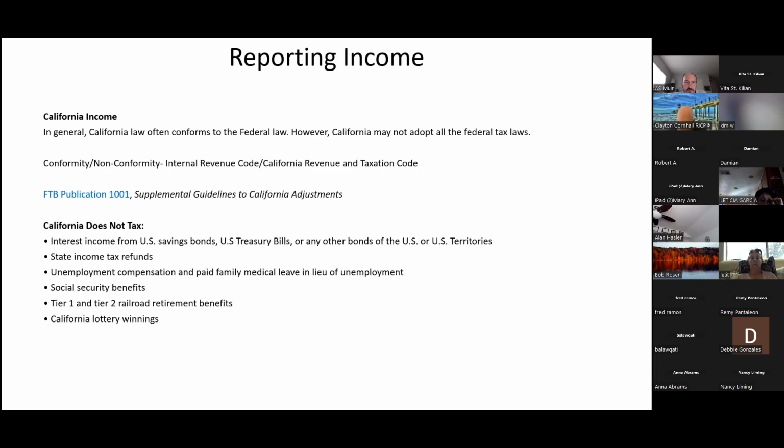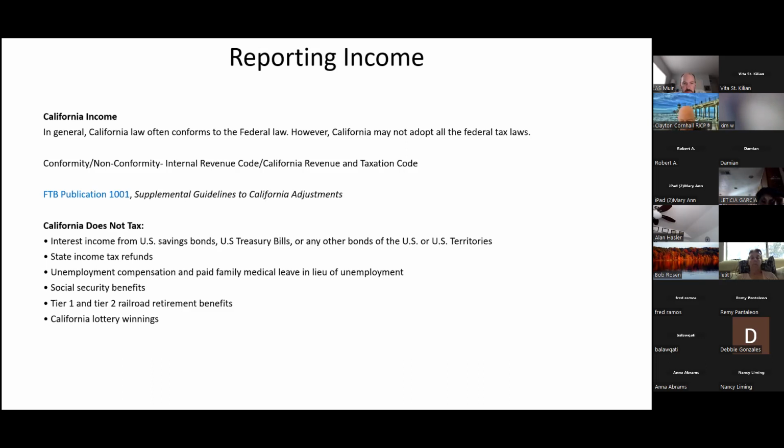And of course, it doesn't matter what happens on your state return, those state income tax refunds are not taxed. And then back to your federal return, if you've taken a tax benefit, which means you deducted your California tax on your Schedule A, then you may have to report some or all of your state income tax refund on your federal return for the current year.